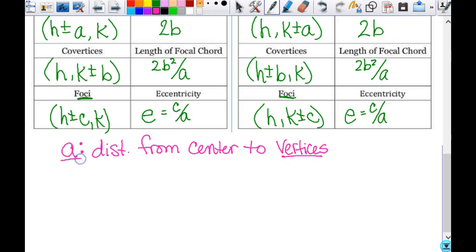That's A. B is distance from center to what? Co-vertices.